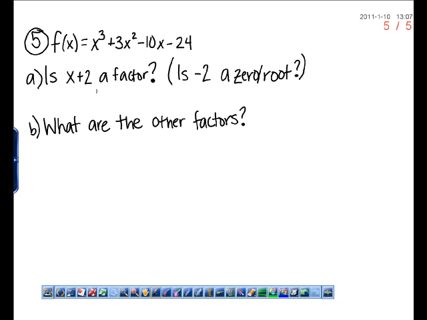Okay, you could also do what Corey is saying. You could plug in f of negative 2 up here and see if it equals 0. But still, for the second part, you would have to go ahead and do synthetic division. So let's go ahead and do syndiv. Negative 2, 1, 3, negative 10, negative 24.